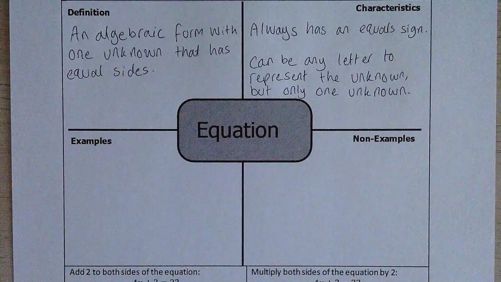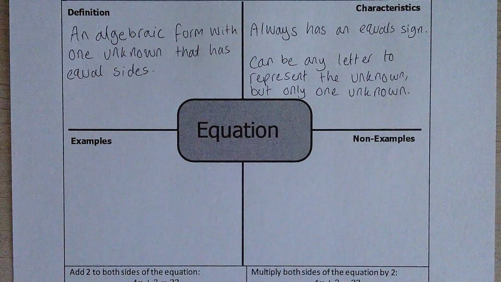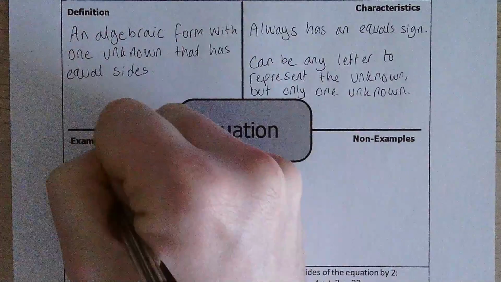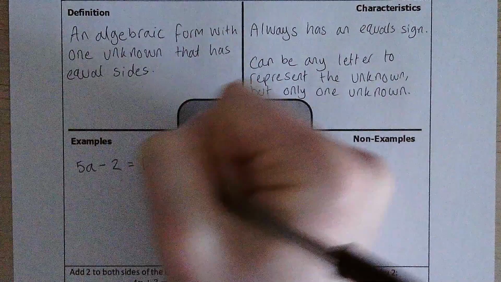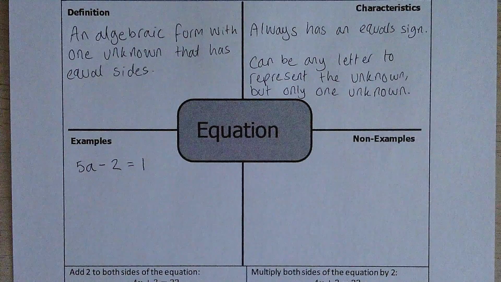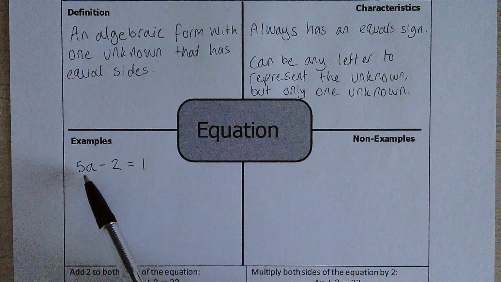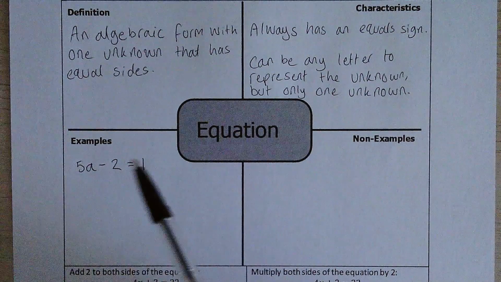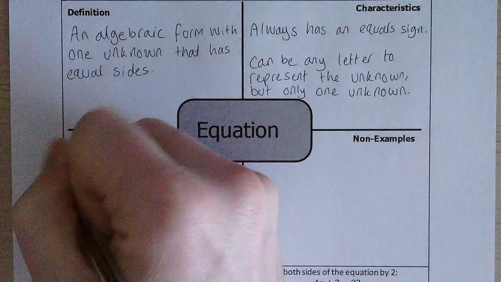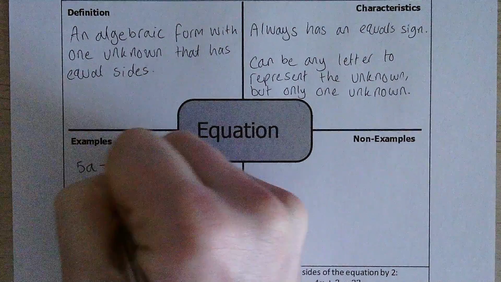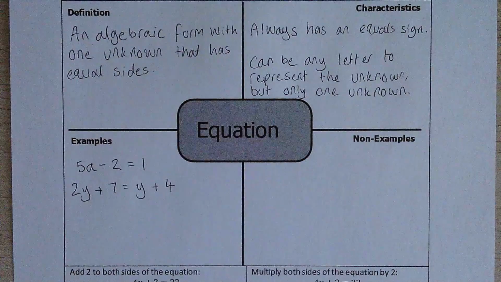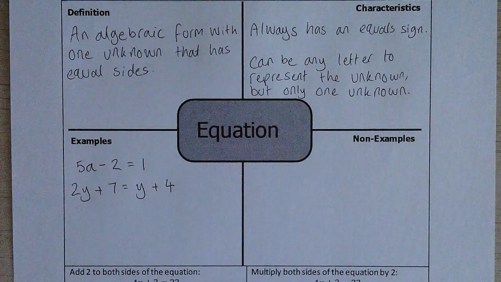If we look at some examples of equations, we have 5a take away 2 equals 1. This is an equation because we have one variable, so one unknown, the letter a, and there is an equal sign. 2y plus 7 equals y plus 4 is another example of an equation.